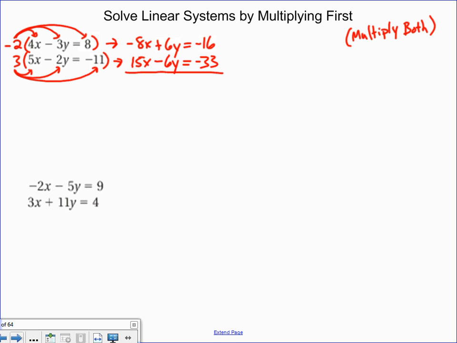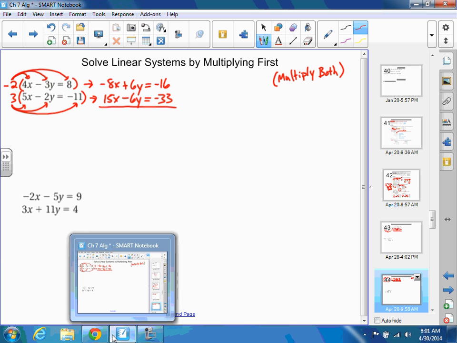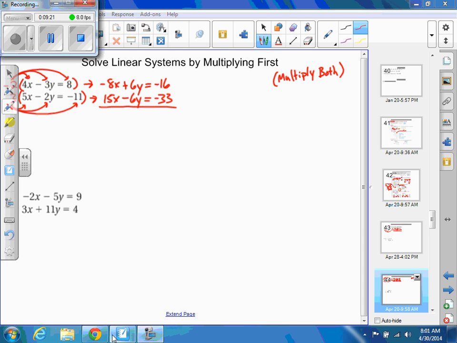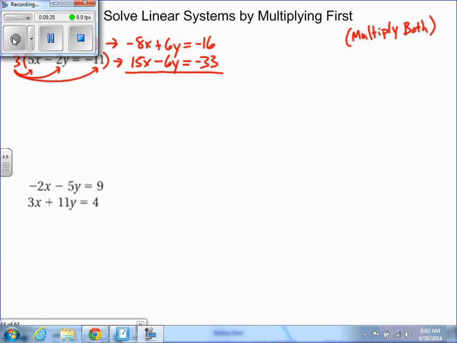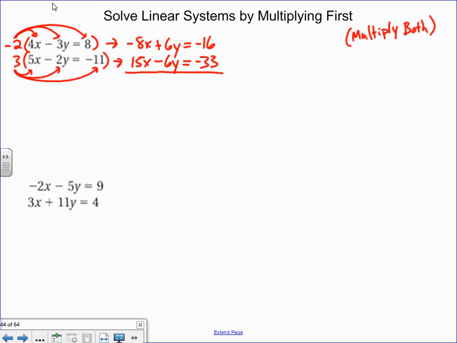So now when I add those together, okay, now when I add these two equations together, I'm going to get 7x equals negative 49. Divide by 7. We get x equals negative 7.